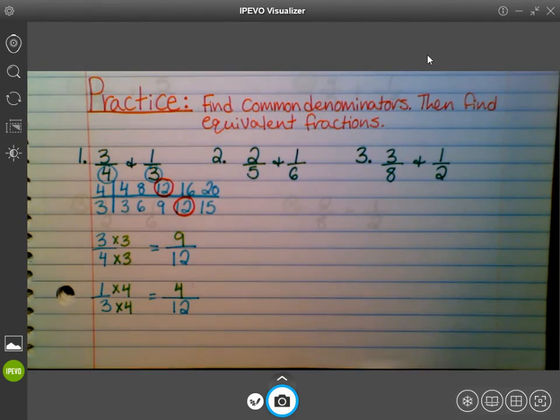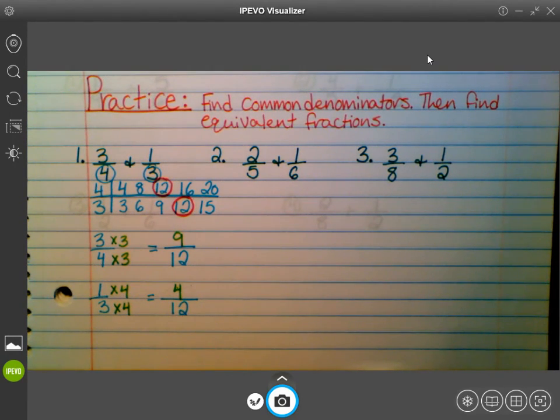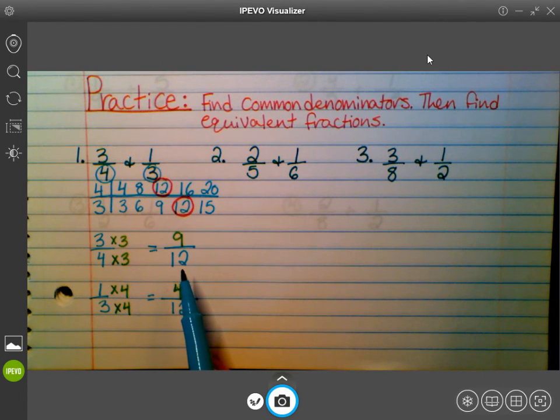So I got 9/12 and 4/12. So let's say you accidentally circled a different number that they both had in common. You just need to make sure that you multiplied by the correct number to get whatever denominator you have. All right, so that's number 1.